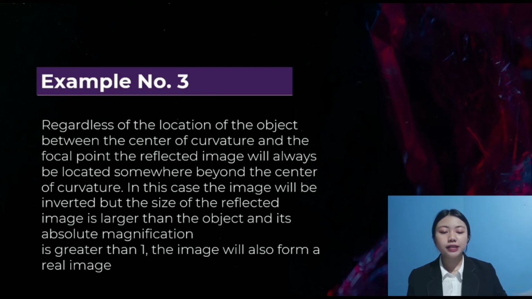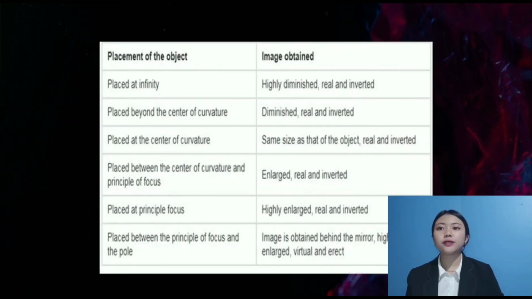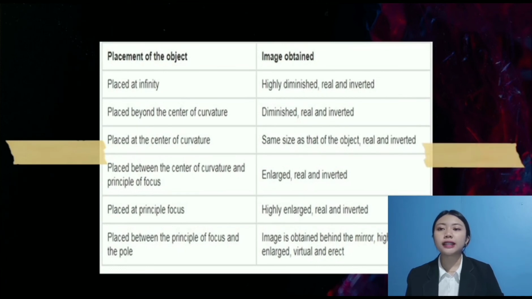So I hope everyone understands that, because I am going to move on now to the convex mirror. Okay, so class, I have here a picture that says placement of the object and image obtained. As I have said earlier, the image that you'll obtain will always be based on the placement of the object. If it is placed at infinity, it will be highly diminished, real, and inverted. If it is placed beyond the center of curvature, the image obtained will be diminished, real, and inverted.